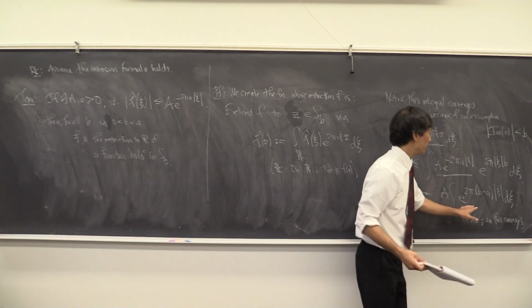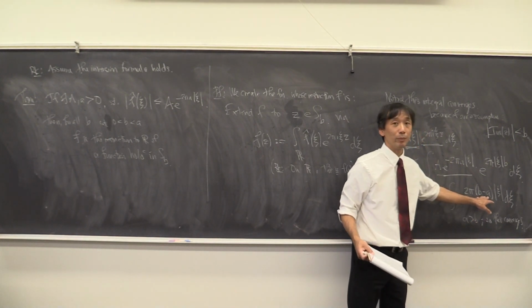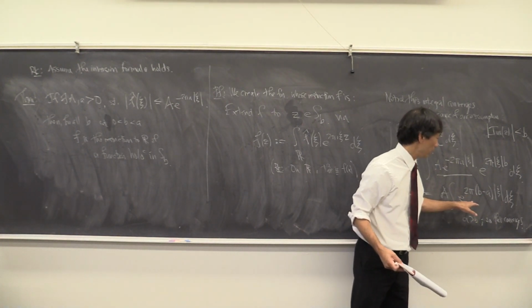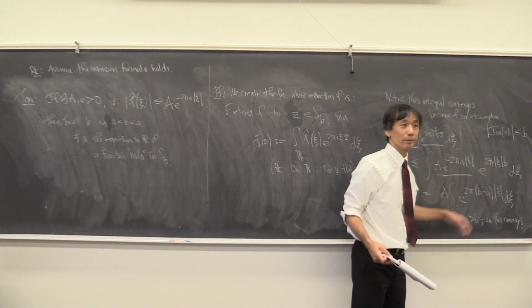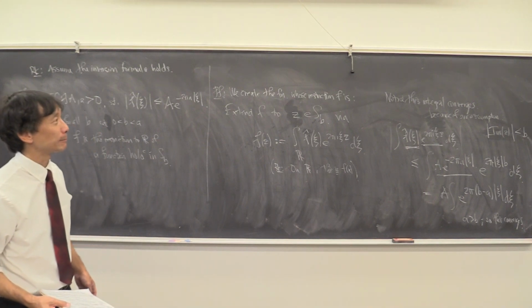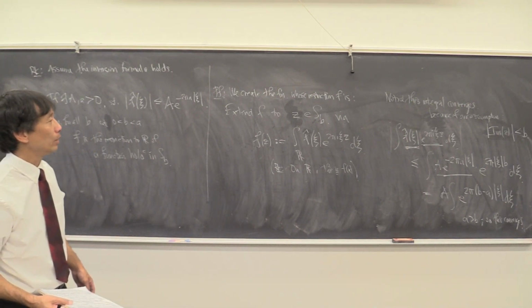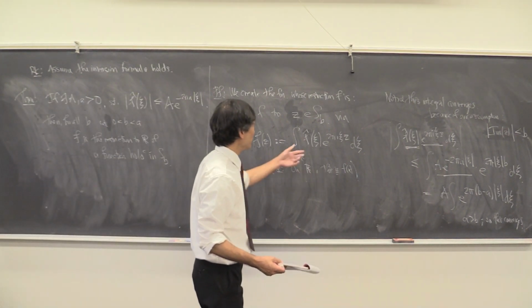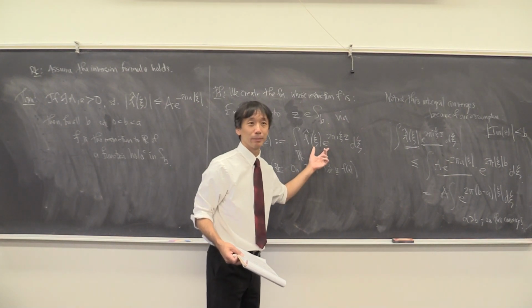We're integrating something with a negative exponent. We're integrating a decreasing exponential function, which certainly converges. Okay. The point of that is that this integral actually makes sense.